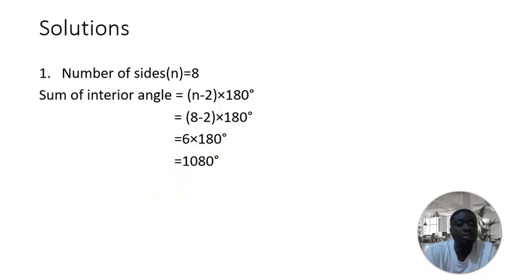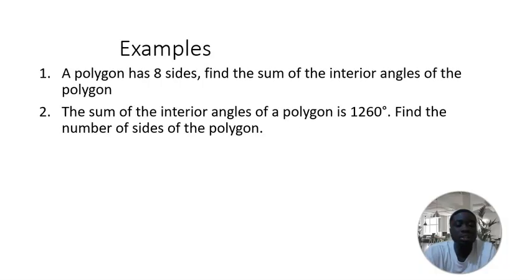Now, let's move to the second question. The sum of the interior angles of a polygon is 1260 degrees. Find the number of sides of the polygon. This particular question is quite tricky, but all that you need to know is that the sum of the interior angles, which we calculated over here, was with the number of sides.